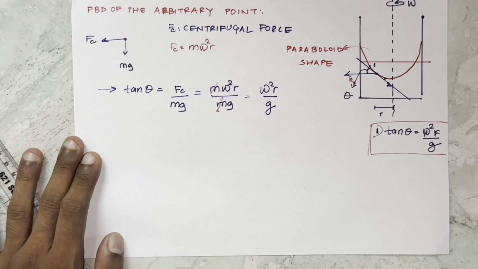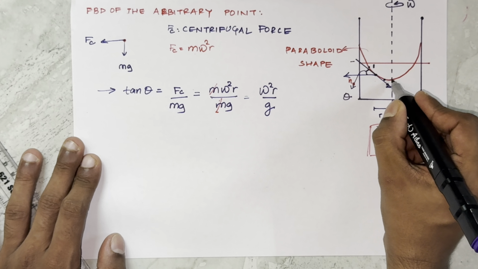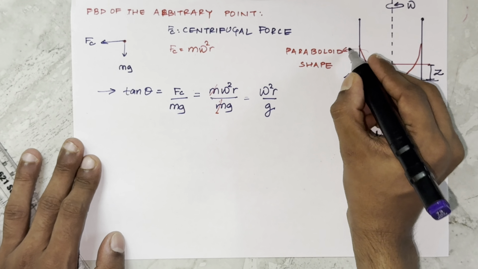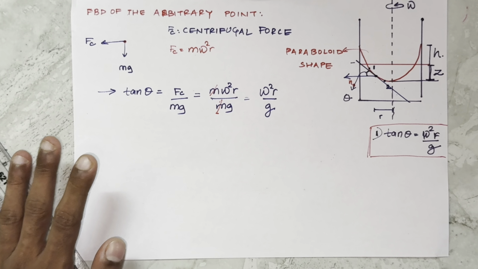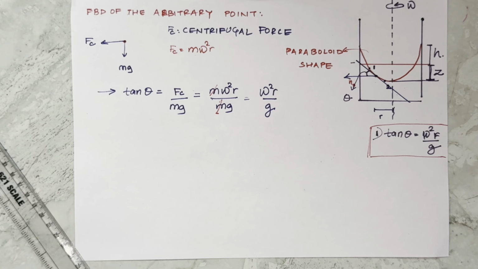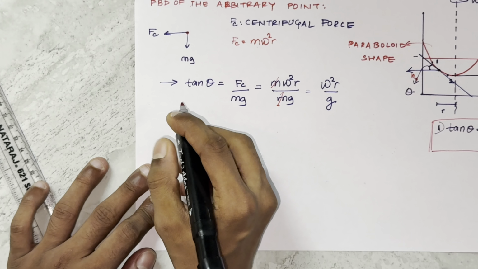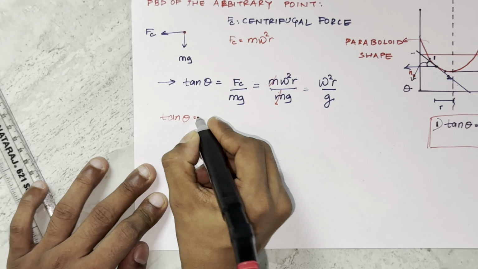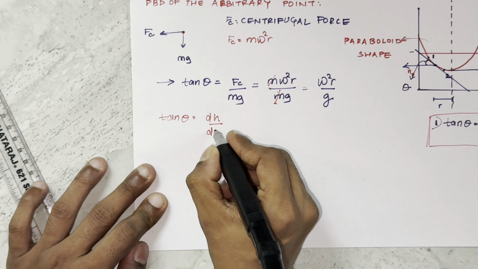Let's say the height till the vertex of the parabola is z, and the height till which it rises is h. Taking a small element over the curved surface, we can similarly write tan theta in the other way: tan theta is equal to dh by dr.